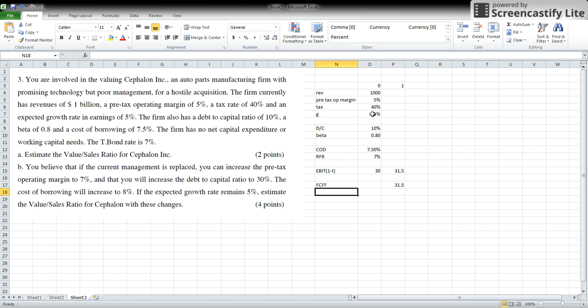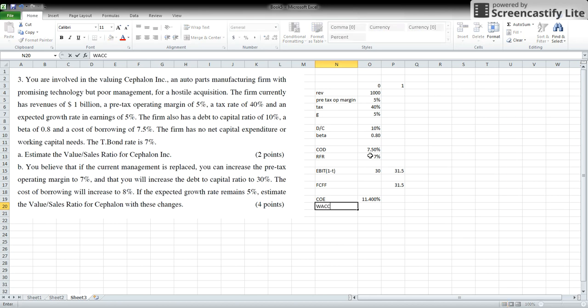Now you need to calculate what the WACC is. For the WACC, you need first the cost of equity, which is the risk-free rate of 7% plus beta into the market risk premium, which if it is not given, we generally assume to be 5.5%. So 11.4% is your cost of equity.